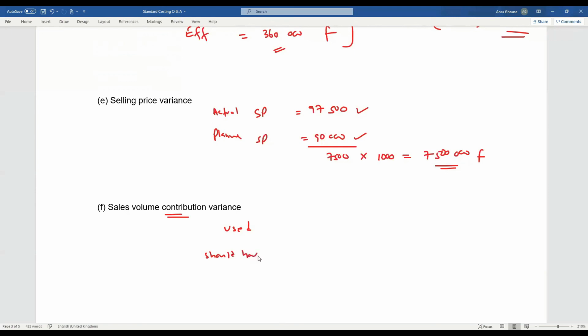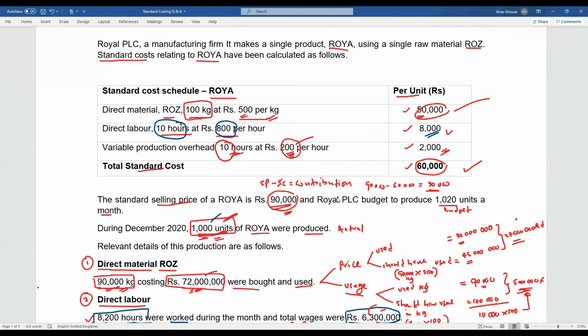Now the volume variance: how much we sold and how much we should have sold. We sold 1,000 units. Our plan was to sell 1,020. So therefore, 20 is the difference times our budgeted contribution per unit of 30,000, which we calculated because our plan was to sell at 90 and our standard cost was 60.